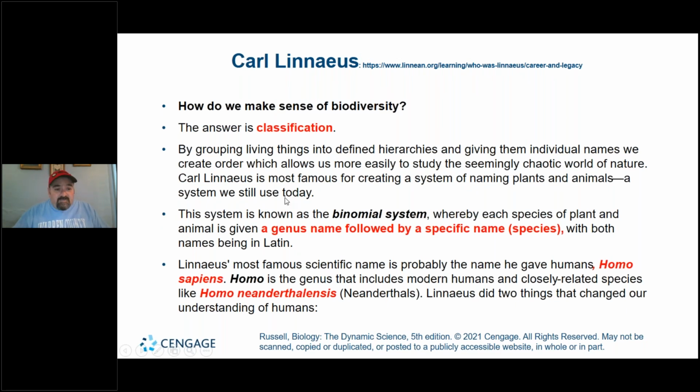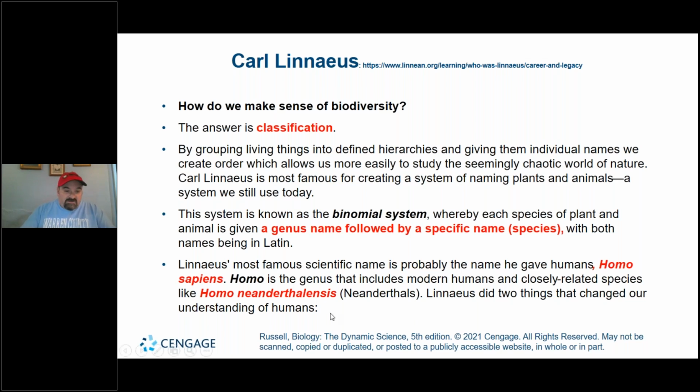By grouping living things into defined hierarchies and giving them individual names, we create order. We try to create an ordered classification system in order to have a deeper understanding of the organisms and microorganisms that we share this planet Earth with. Okay.